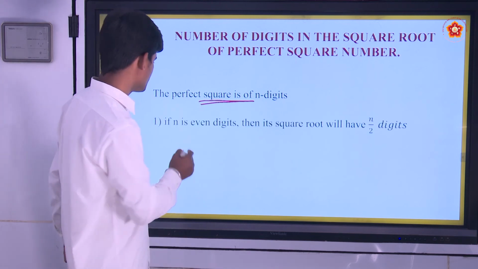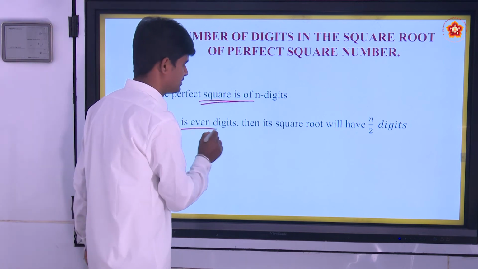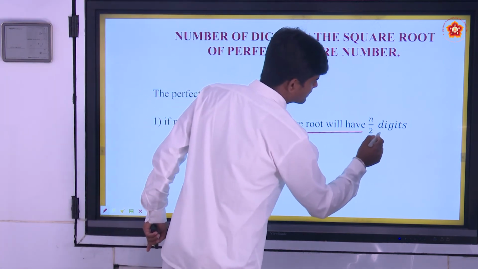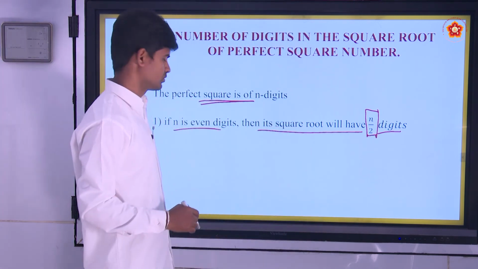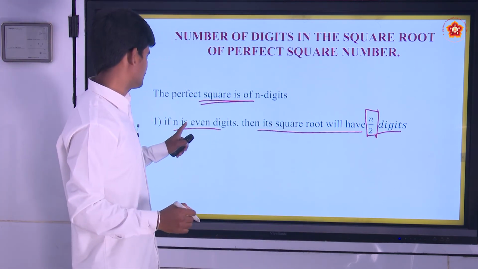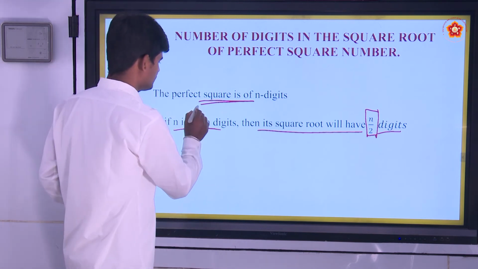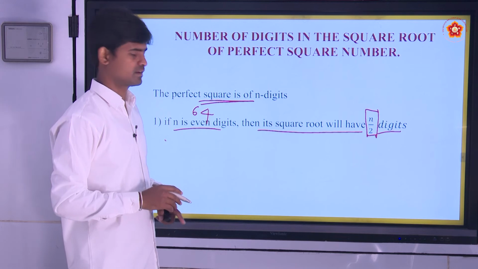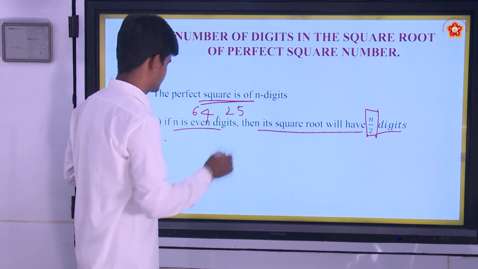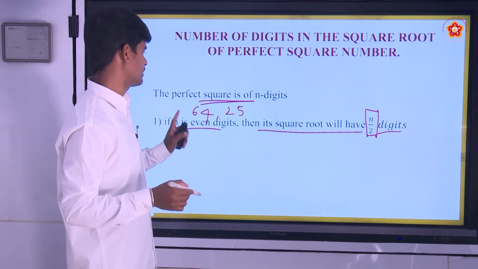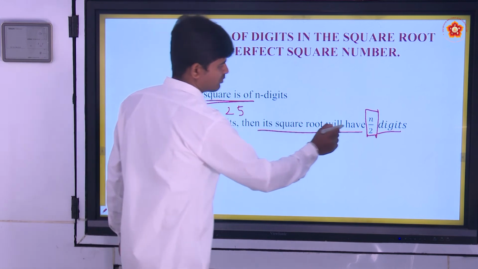If n is an even number of digits, then its square root will have n by 2 digits. Suppose we take 64 or 25, any number, a perfect square. If n is even, then its square root will have n by 2 digits.